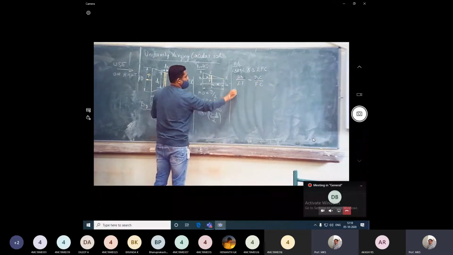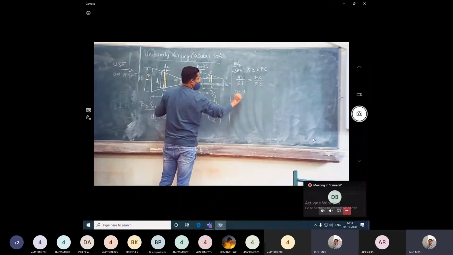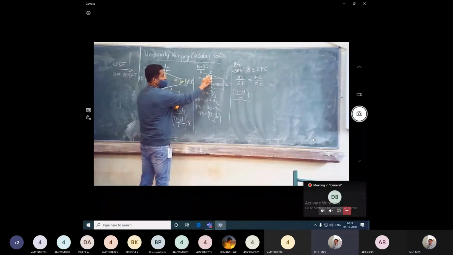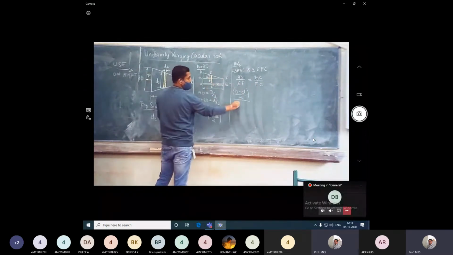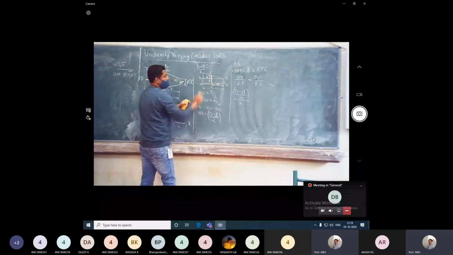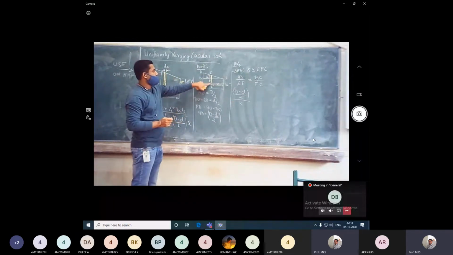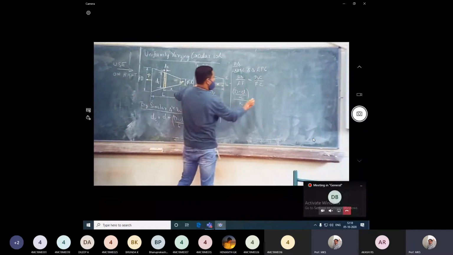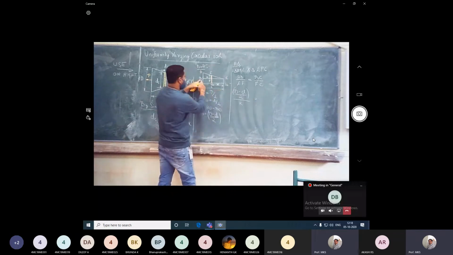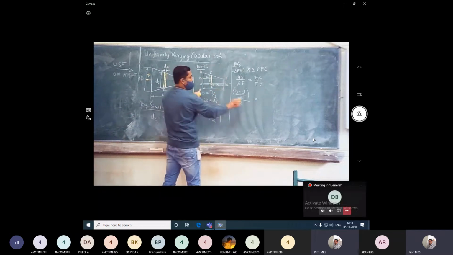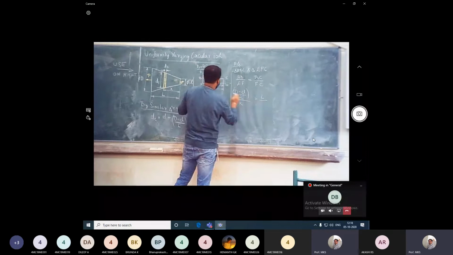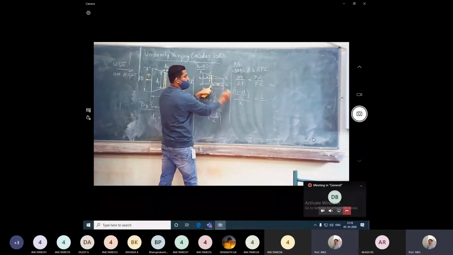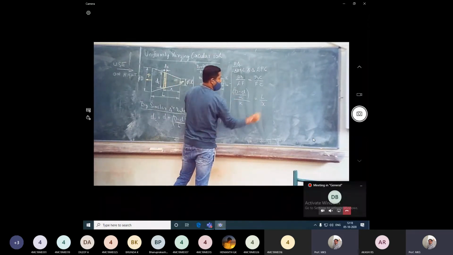So what is AB? AB is (D minus d) by 2. What is EF? EF is K. K is the unknown, I don't know the length of this K, right? So that will be equal to what is BC? BC is the total length of the rod, L. What is FC? FC is x, right?